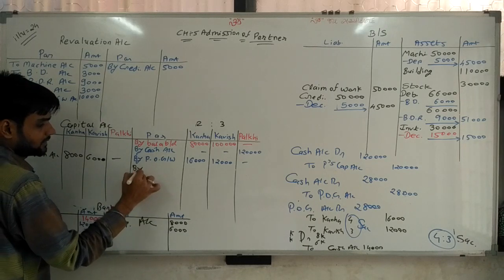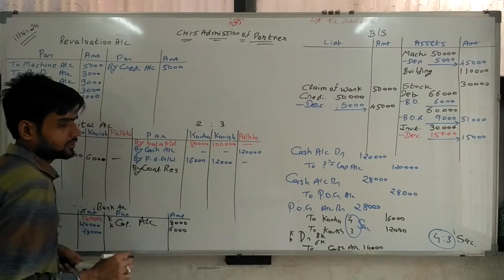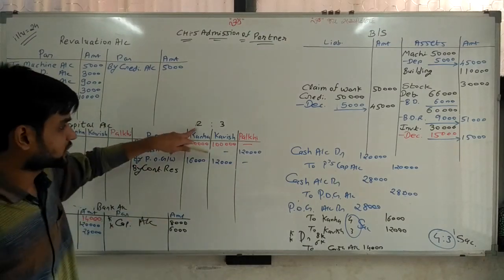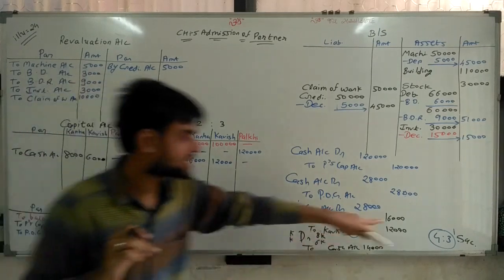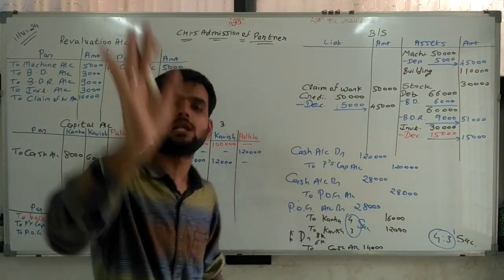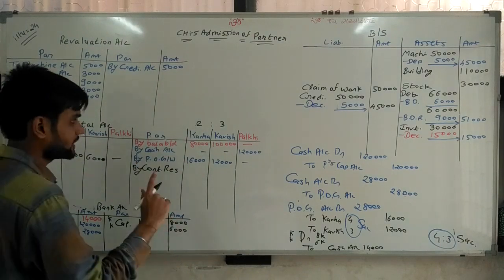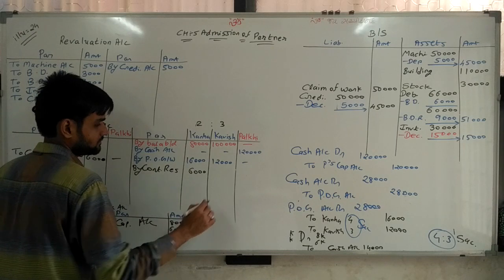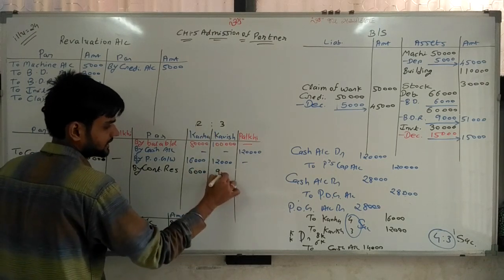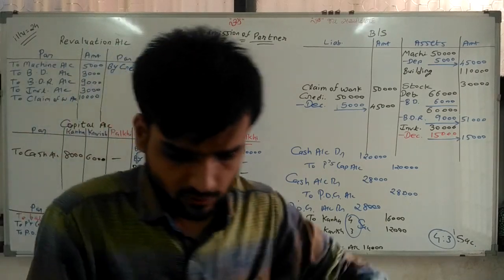Here 2:3 is given, the old ratio of old partners. Sacrifice ratio is considered only for goodwill. 2:3, 15,000 distributed: 6,000 and 9,000.